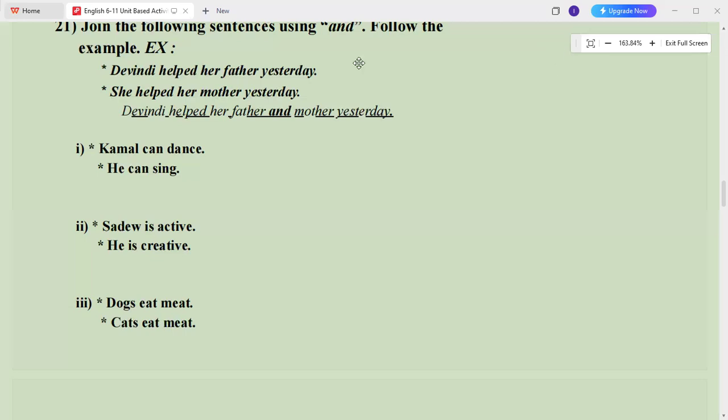Now let us see, Puthe, some more examples are given here, right? Now you see, Kamal can dance, right? Now you can say Kamal can dance and sing, right? Dance and sing. So this is a kind of compound sentence that we have made, right?